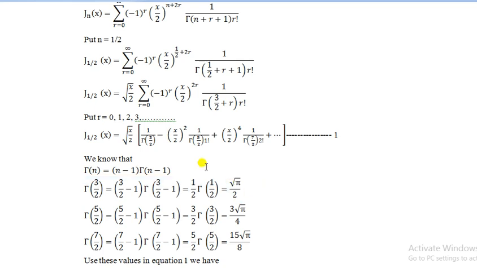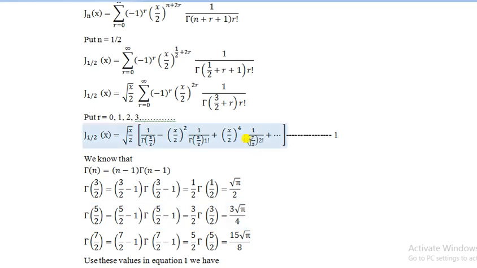Next, find gamma of 5 by 2. Once again substitute n equal to 5 by 2 in this formula. So 5 by 2 minus 1, gamma of 5 by 2 minus 1. 5 by 2 minus 1 is 3 by 2, gamma of 3 by 2. And we know that gamma of 3 by 2 is square root of pi by 2, so into 3 by 2, which becomes 3 square root of pi by 4.